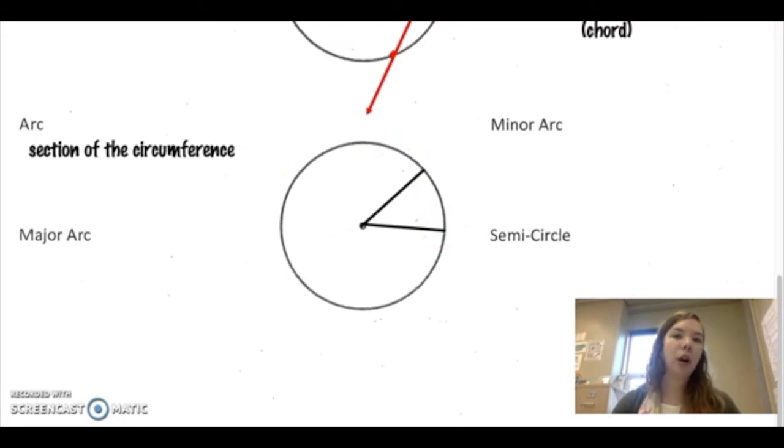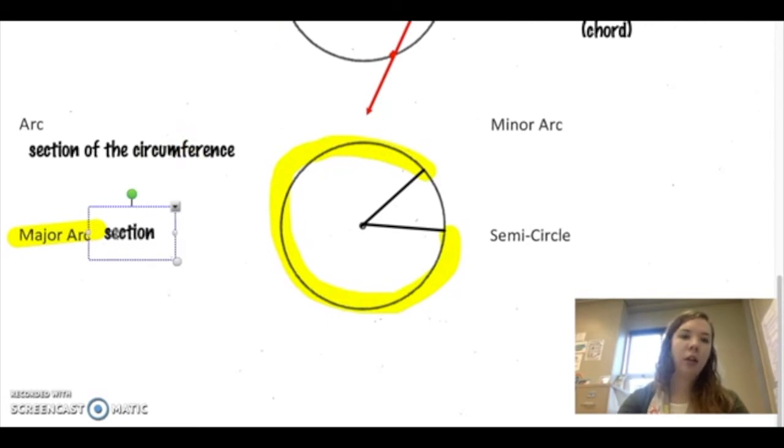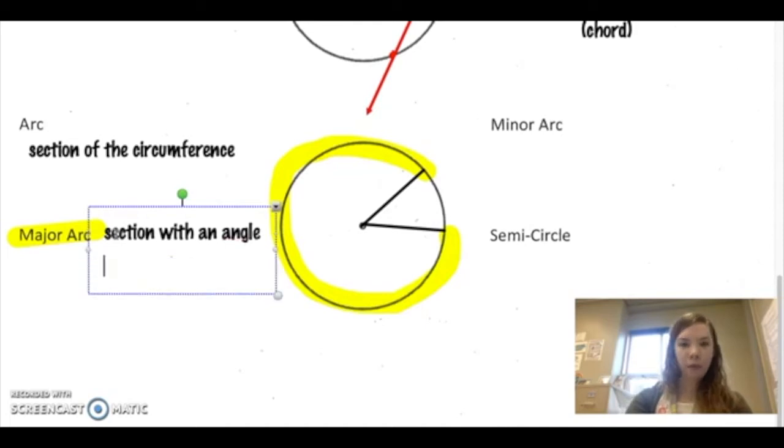So the major arc would be this outside piece. Section with an angle larger than 180 degrees.